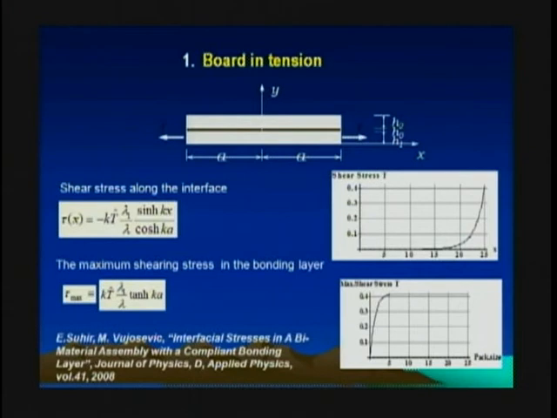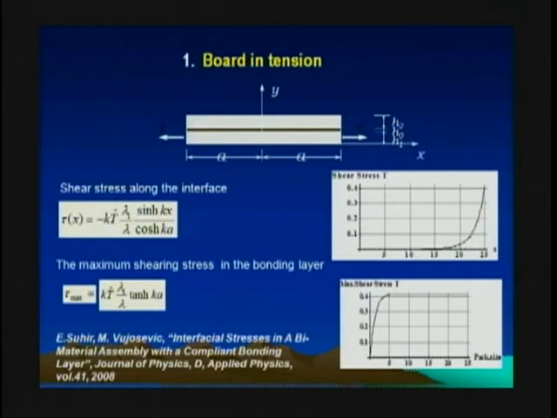So here in the formula at the left-hand side, you see the result for the interfacial shearing stress. The T, capital T with the hat, is the external force.